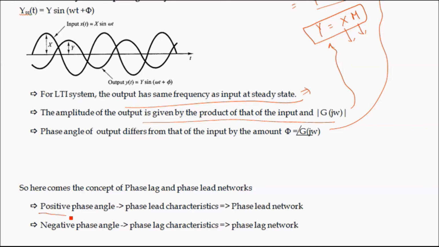Similarly, if phi is negative, then it is a negative phase angle, and the system has a phase lag characteristic, and it is called a phase lag network. So we have learned how we determine whether any system is a phase lead network or phase lag network based on the phase angle phi.